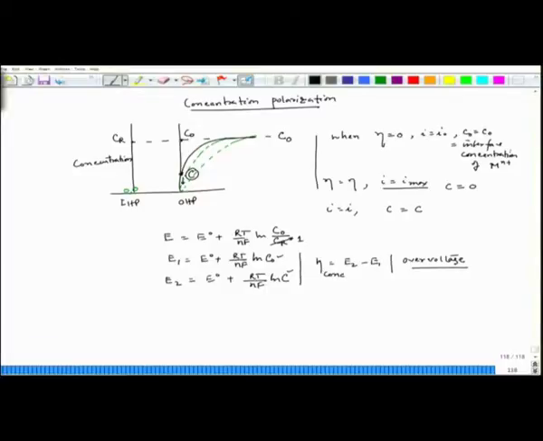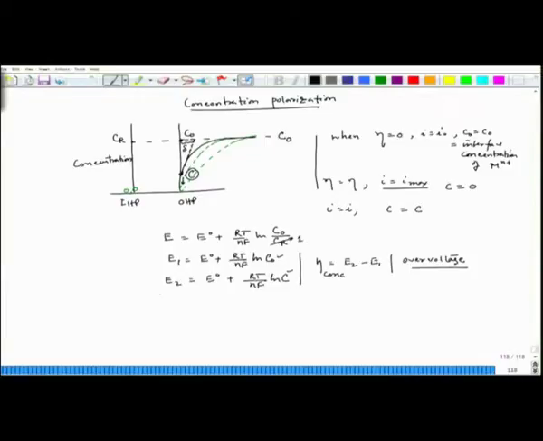Now, whenever I have this diffusion or concentration profile, I have a boundary layer thickness, which let us say I consider to be delta. This is delta, the boundary layer thickness.